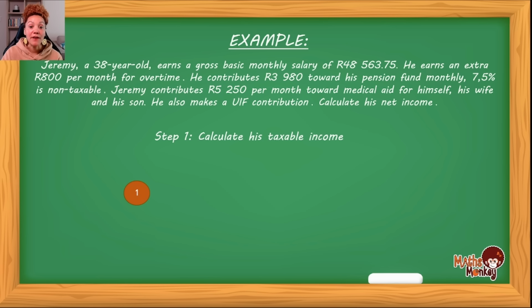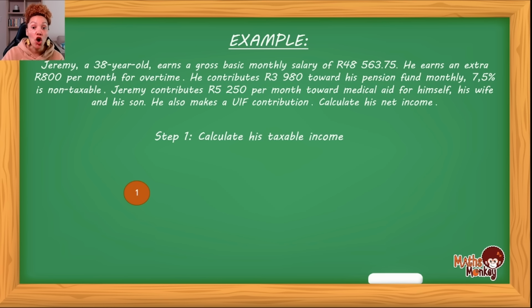Jeremy contributes 5,250 per month toward medical aid for himself, his wife, and his son. He also makes an UIF contribution. Calculate his net income. So they want us to calculate what is his take-home pay after all his deductions. So what is the actual amount that's going to be paid into his bank account?